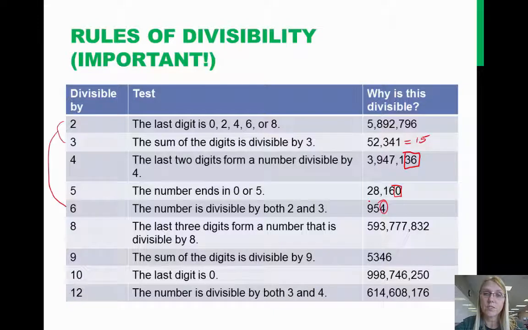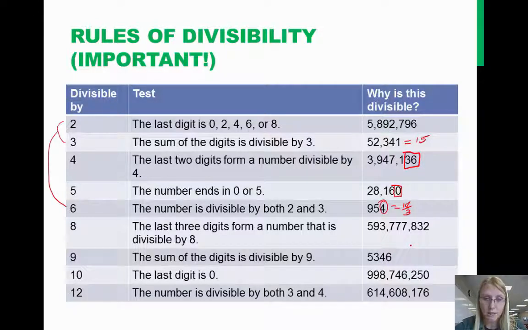Now, we need to see if it's divisible by 3. We're going to add each number together. So 9 plus 5 is 14, and 14 plus 4 is 18. Is 18 divisible by 3? Yes, it is. And so, because it's divisible by both 2 and 3, it will also be divisible by 6.